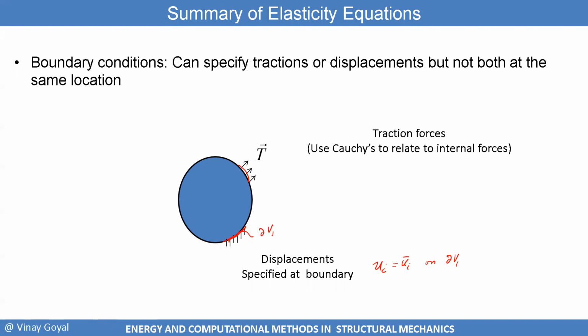And then we also could have traction forces applied on the surface of the structure, which we're going to call applied on V2, for example. And we can use Cauchy's relationship with that, so that's sigma_ij n_j equals T_i. So that's what we found.